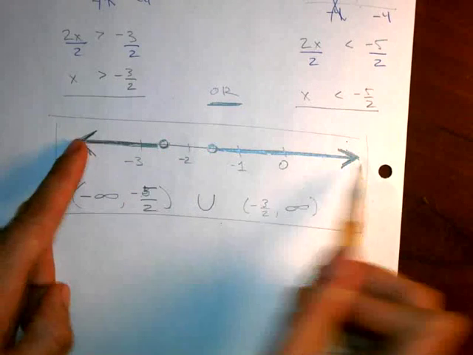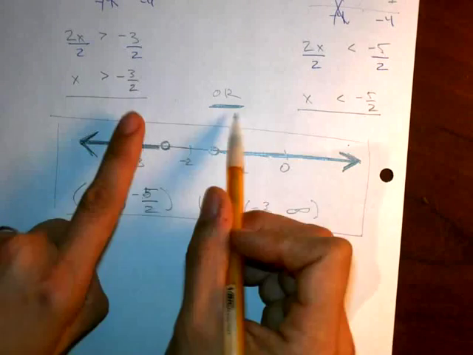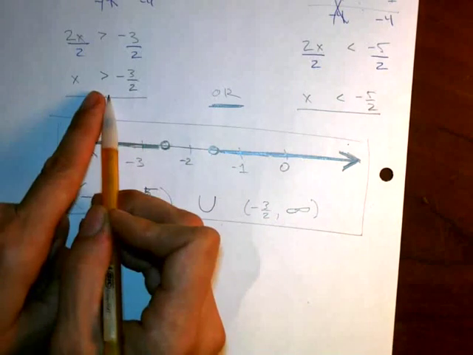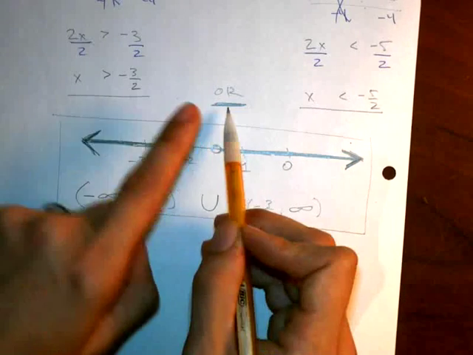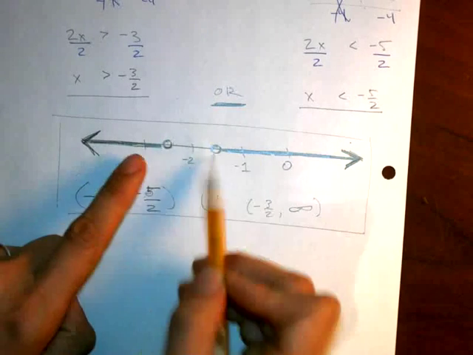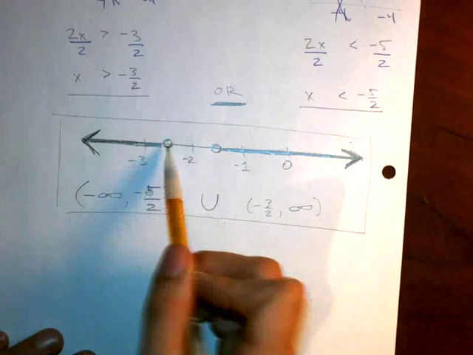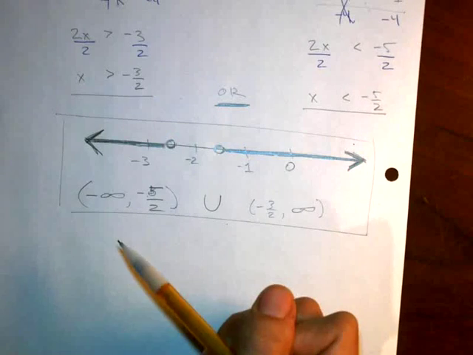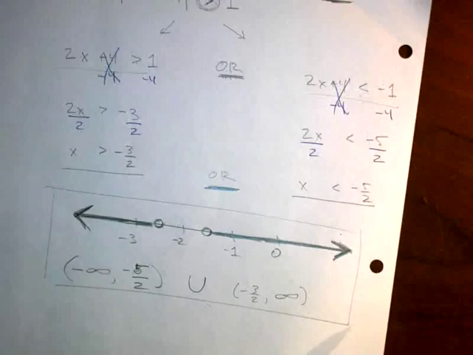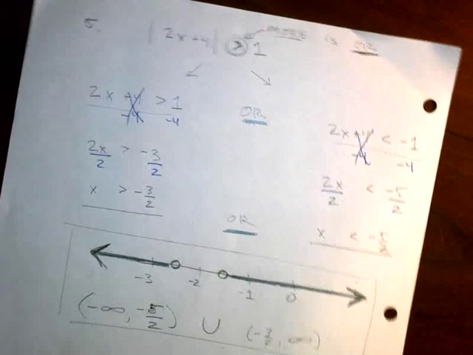And we would be writing an and right here. And instead of our number line being arrows pointing out, I think actually if we did this one, we would have no solution because no number is both greater than negative 3 halves and less than negative 5 halves. But if we had a solution that worked, the nest, why we say nest, is because our shading in the number line would end up being something that's shaded between the two answers. But that's not what this one was.